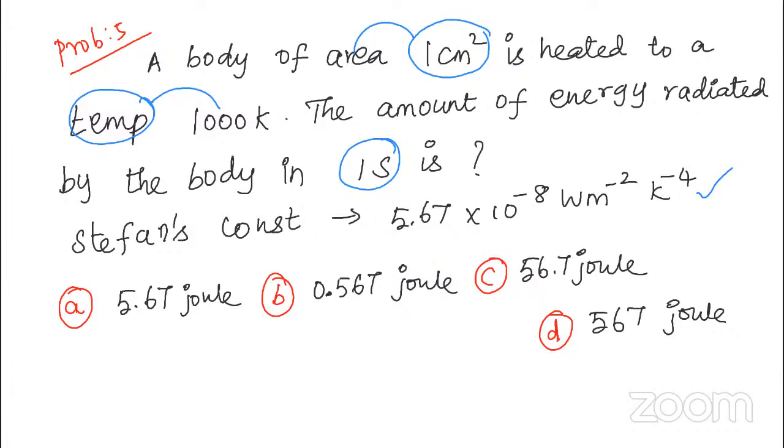So we have to use the formula E is equal to sigma A into T power 4 into t. This is one of the Stefan's law equations, right? In that equation you have to substitute and check the options.